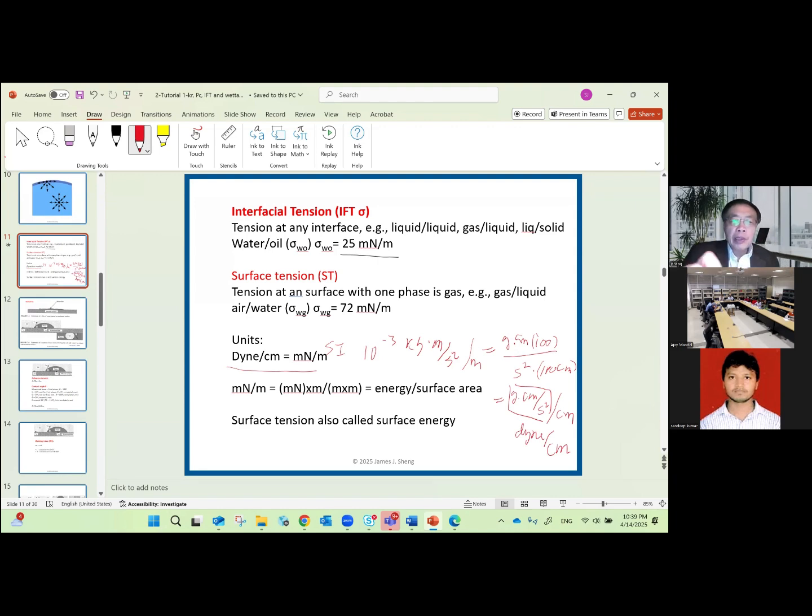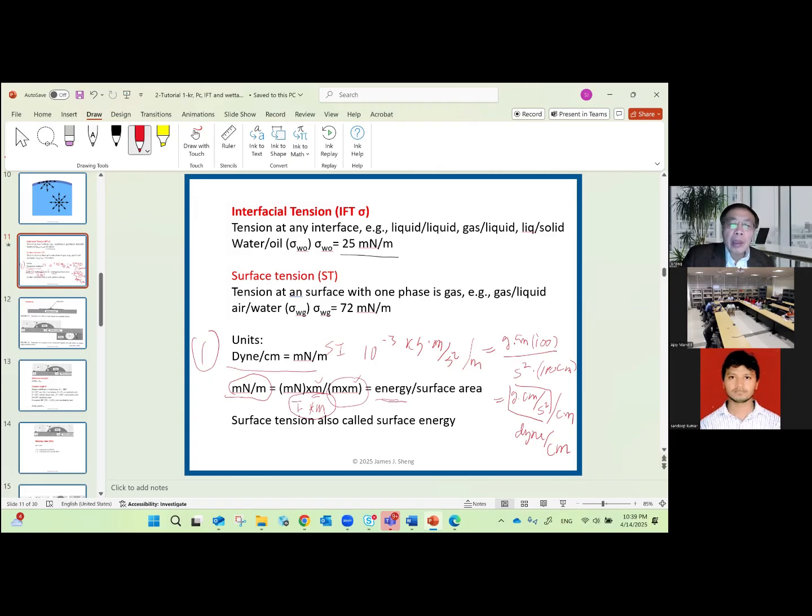So that is the first thing, the unit. The second thing is, let's look at this unit again, millinewton per meter. In the numerator and denominator we multiply by meter. The numerator is force multiplied by length, which is energy.